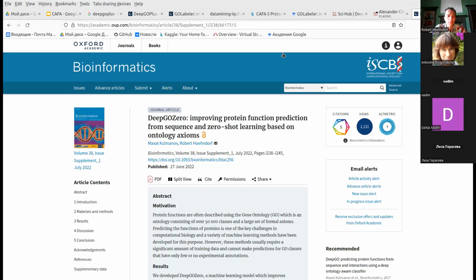So a little bit of tuning was required to get DeepGo Zero to work on CAFA 5, because there will be some sequence similarity between the proteins you predict for, which will be used for evaluation, and proteins which are in the training set. Usually we build our models by removing the sequence similarity, but if we are too strict, then we don't get a performance that is very good for CAFA 5.